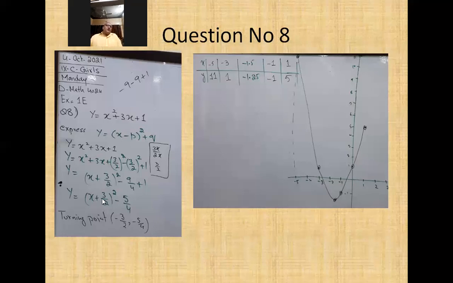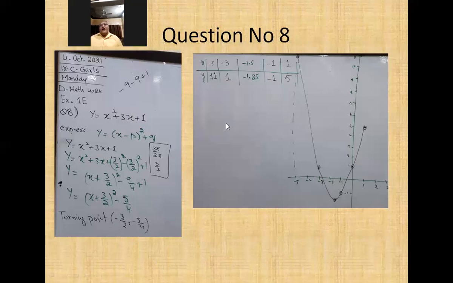For the turning point's coordinates, this is the x coordinate, but you always need to change its sign, so it will be minus 3 by 2. The number which is outside gives you the y coordinate of the turning point, and you take it as it is. So minus 3 by 2 comma minus 5 by 4, that's the coordinates of the turning point.